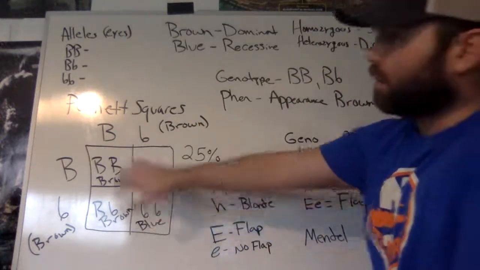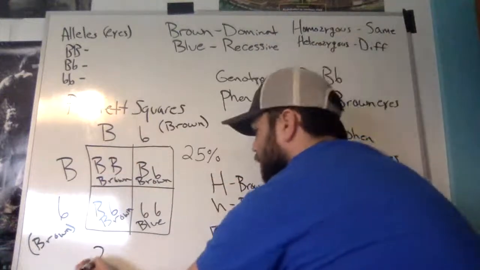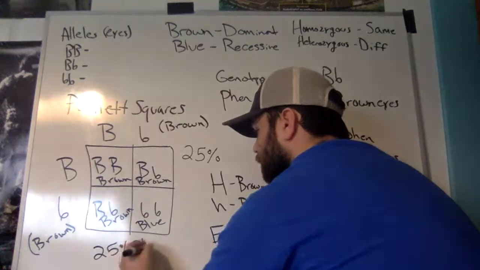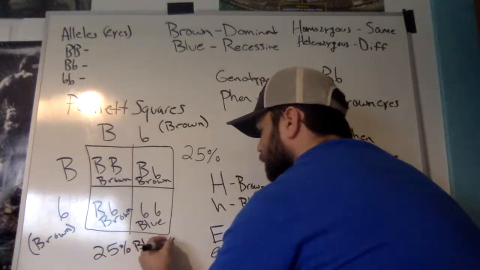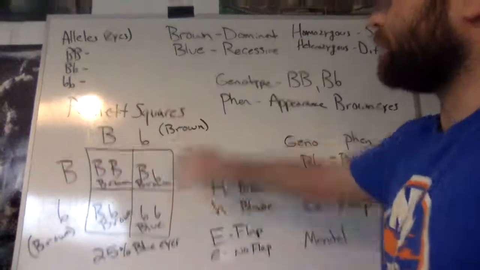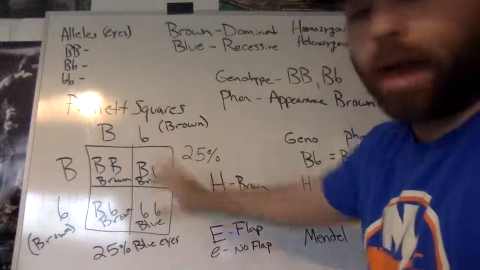So even though your parents both can have brown eyes, you can still have a 25% chance of being blue eyes, okay? So that's how he found out. Even though they have the dominant gene, if they both have a recessive, they can bring it down, okay?